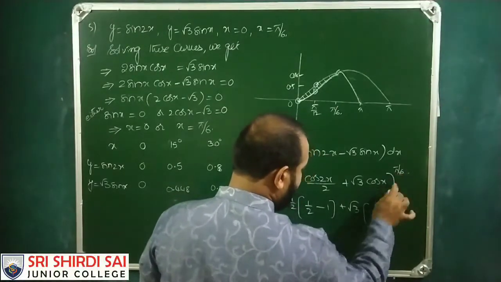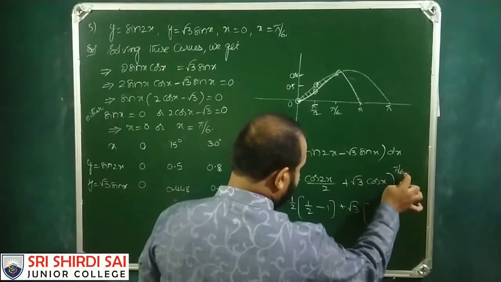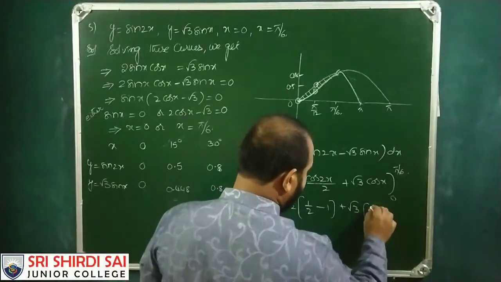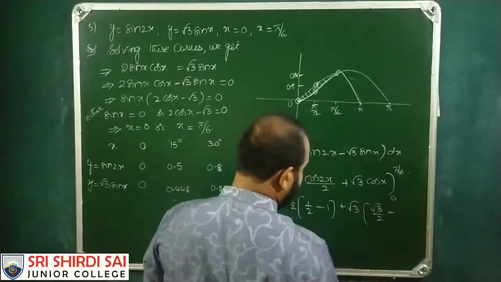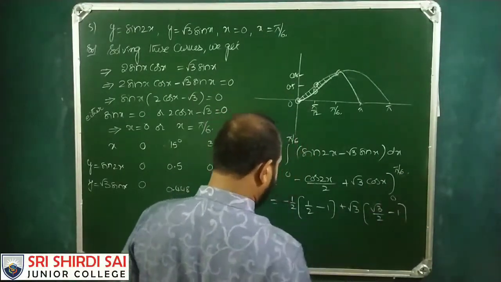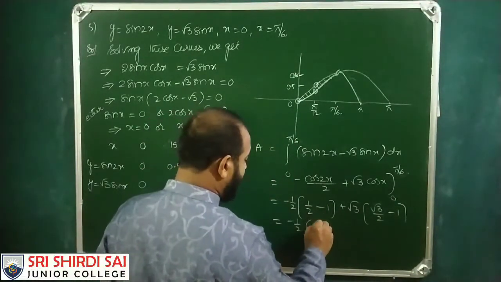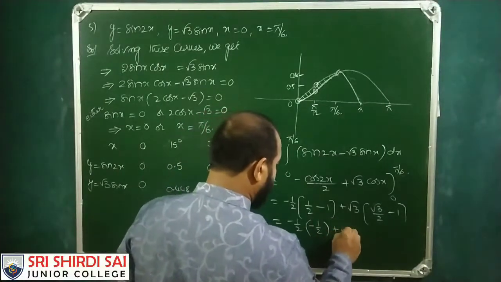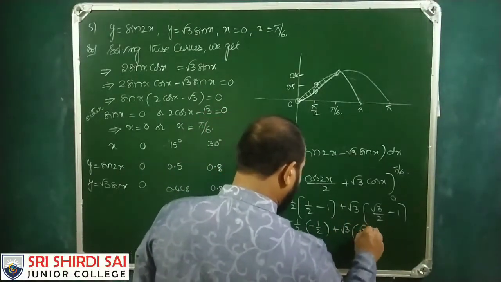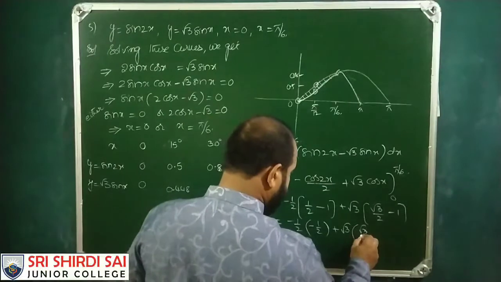Cos pi by 6 is cos 30. Cos 30 is root 3 by 2 minus cos 0 value, which is 1. This is equal to minus 1 by 2. 1 by 2 minus 1 is minus 1 by 2. Plus root 3 into root 3 by 2.